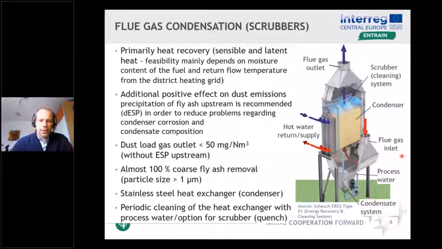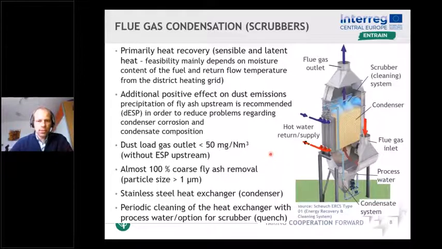So even if there is no ESP applied upstream, dust loads in the gas of less than 50 milligrams per normal cubic meter are possible due to a certain scrubbing or washing effect of the condensate. Almost 100% of the coarse fly ash is precipitated in a flue gas condensation unit.